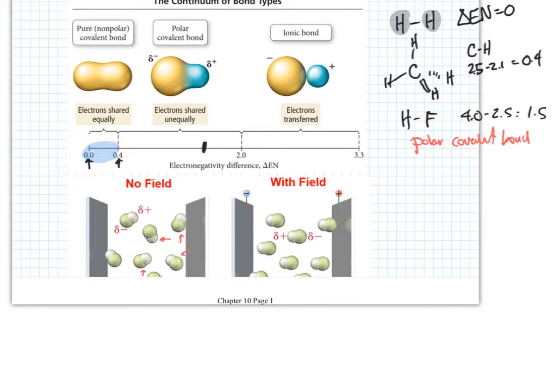But if we put an electric field on, so we have a negative on this side and a positive on this side, the molecules tend to align with the negative side pointing towards the positive plate and the positive side pointing towards the negative plate. Okay? That's called having a dipole, a permanent dipole. Okay? Polar molecule with a permanent dipole.